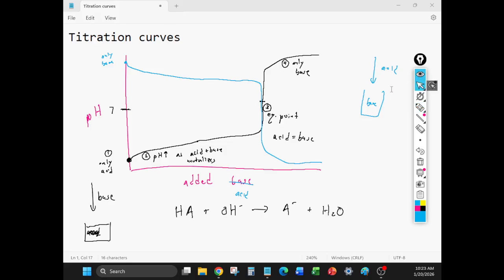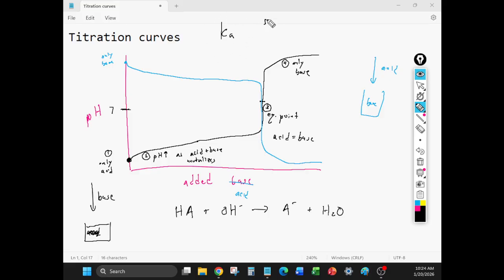All right, now there are a couple things to talk about with titration curves, because depending on the Ka of the acid or the base, the acid that you're looking at is going to change the curve. So if you remember what the Ka tells us, it basically tells us how much of the acid is going to dissociate.